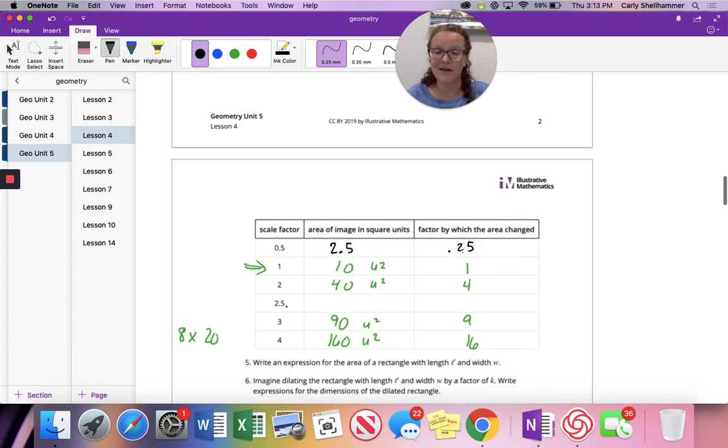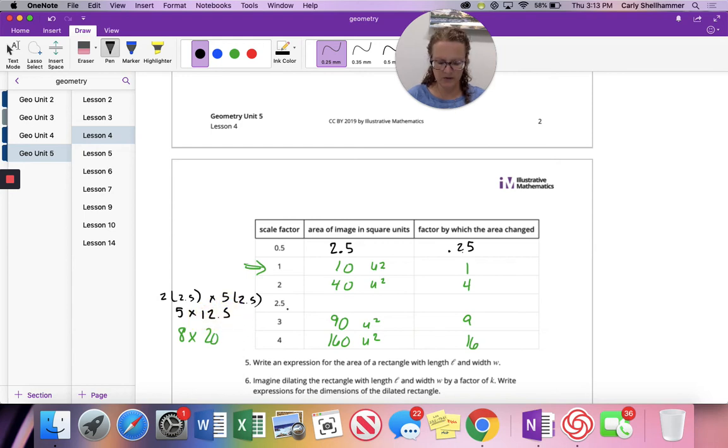If I had a scale factor of 2.5, okay, what do you think we're going to have? Our original length was 2 times 2.5, and then our original width was 5 times 2.5. So 2 times 2.5 is 5. 5 times 2.5 is 12.5.